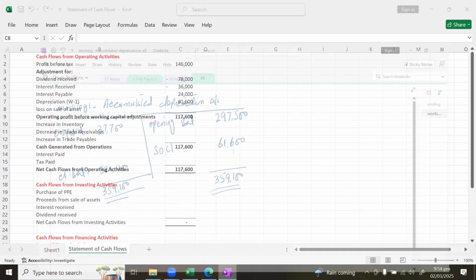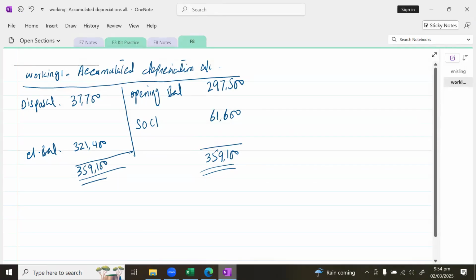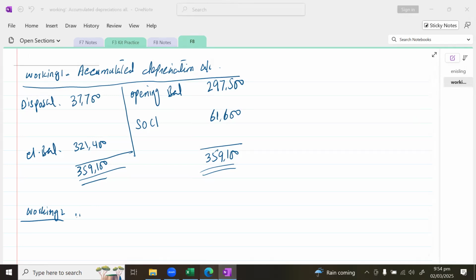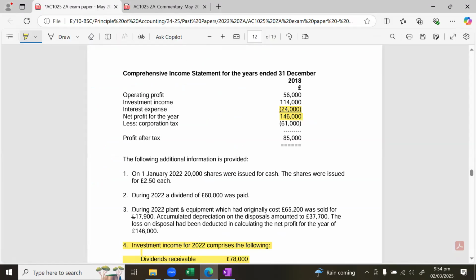Loss on sale of asset, working two. Read adjustment number 3 carefully. During 2022, plant and equipment which had originally cost 65,200 was sold for 17,900. Accumulated depreciation on disposal amounting to rupees 37,700.